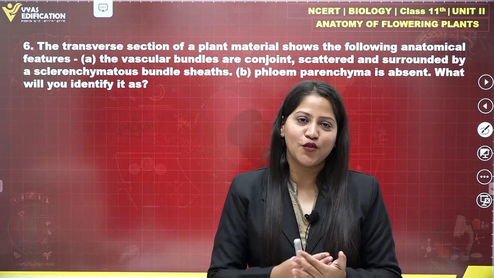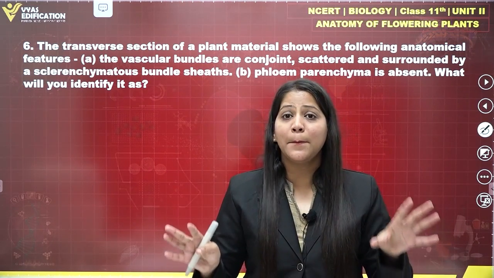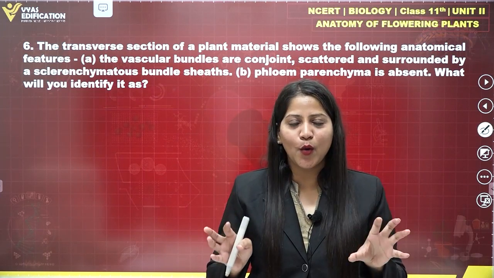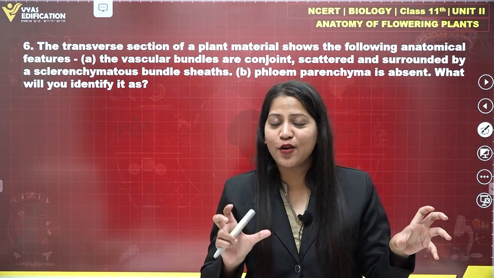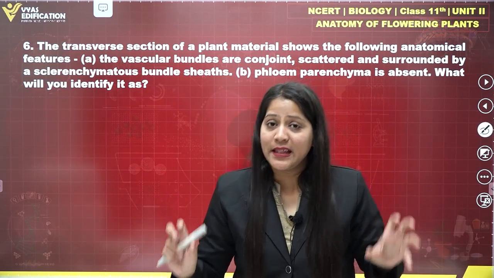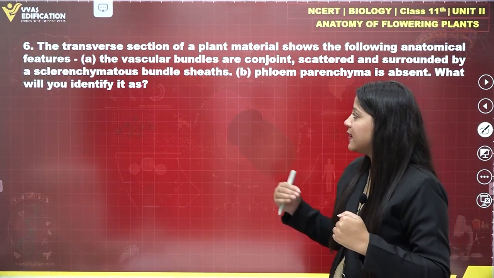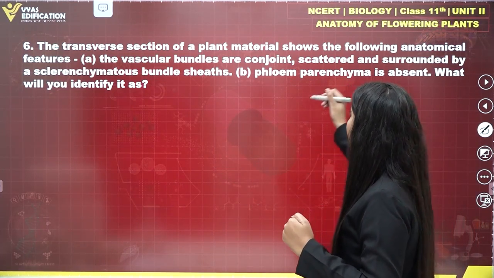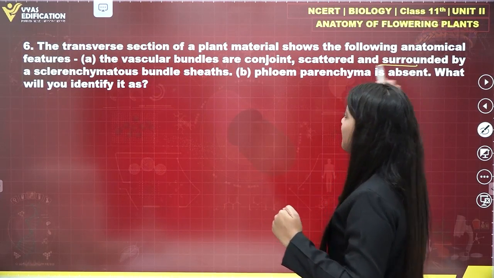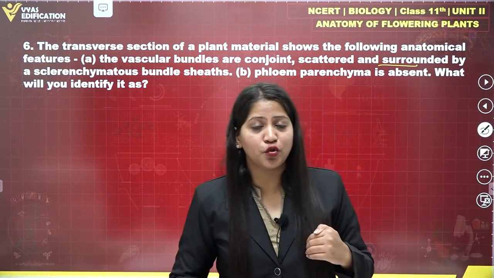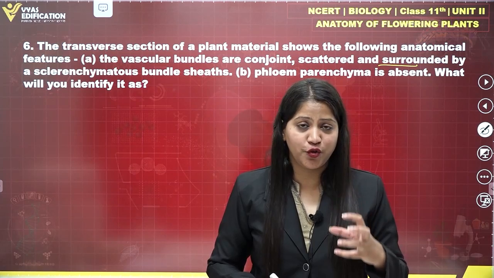Vascular bundles are conjoint and collateral in both, but they are closed in monocot stems and open in dicot stems. Then, vascular bundles are surrounded by a sclerenchymatous tissue known as bundle sheath.